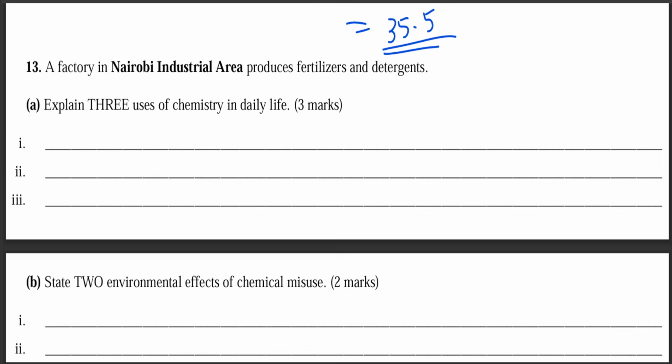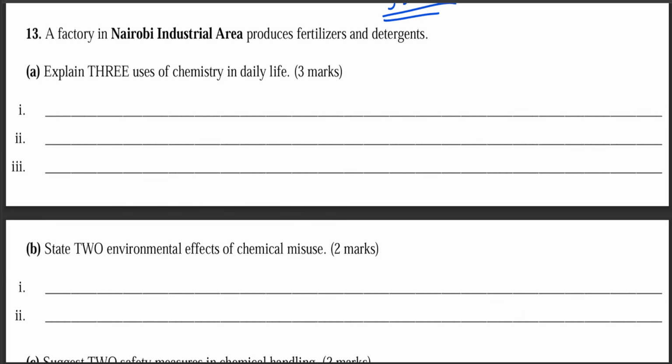Not the last question. Kuna swali lingine nimesahau. A factory in Nairobi industrial area produces fertilizers and detergents. Explain 3 uses of chemistry in daily life, obviously used in making medicines.